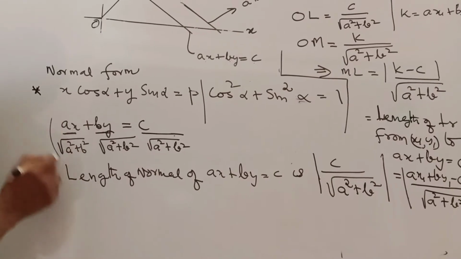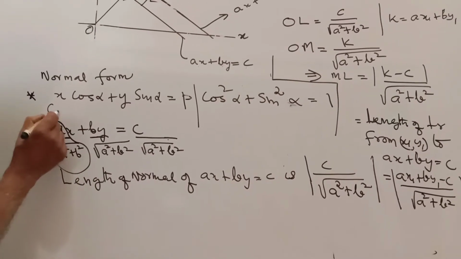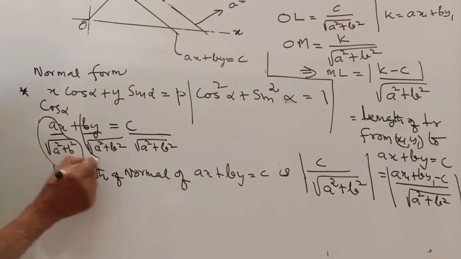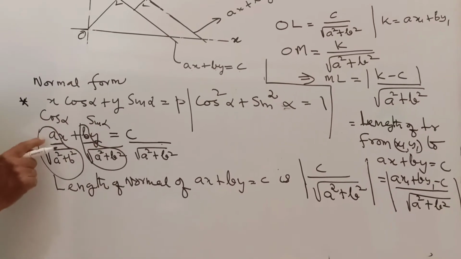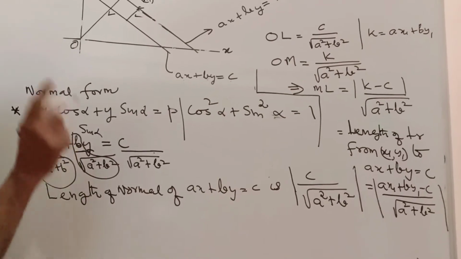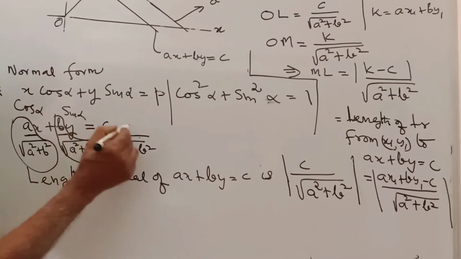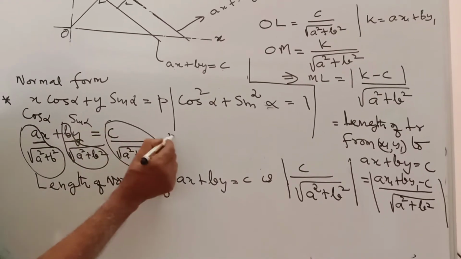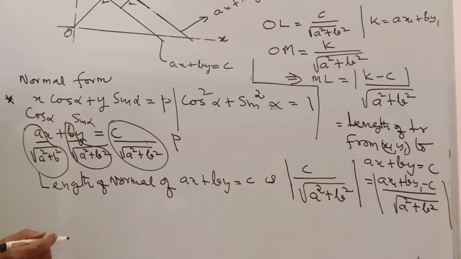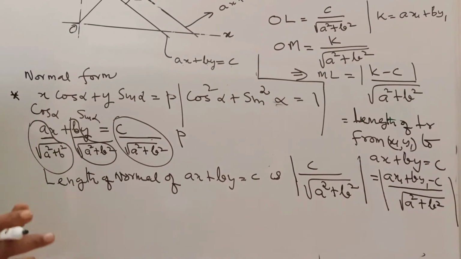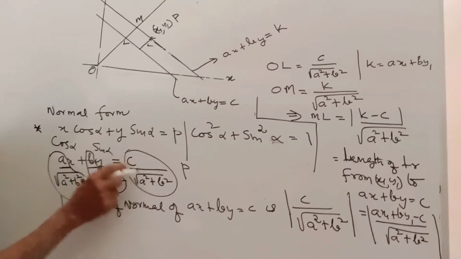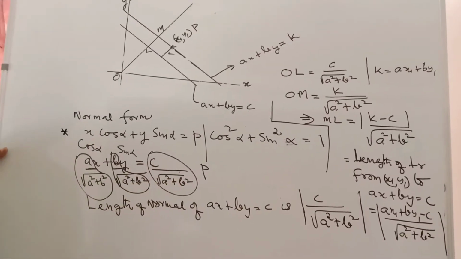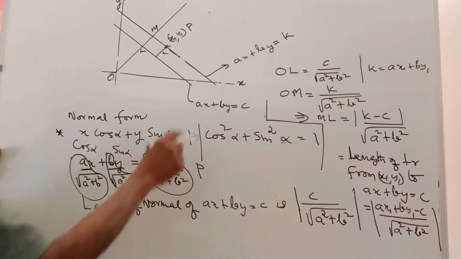This becomes cos alpha, this becomes sin alpha, and we observe the square of this plus the square of this is always 1. So this happens to be p. So the length of the normal of ax plus by equal to c is simply c by root of a squared plus b squared.